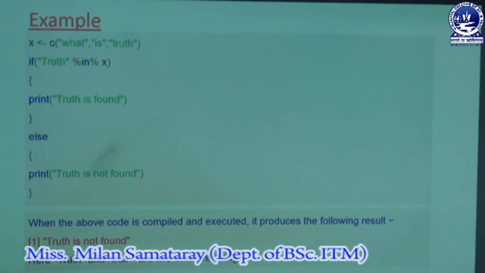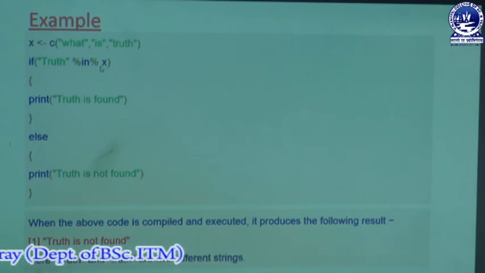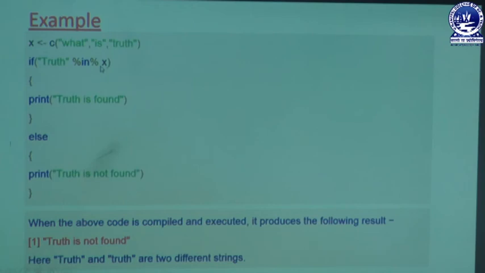That means if this Boolean expression gives the result as true, then it will execute this, and if it gives the result as false, then it will print the statements which are written inside the else block.